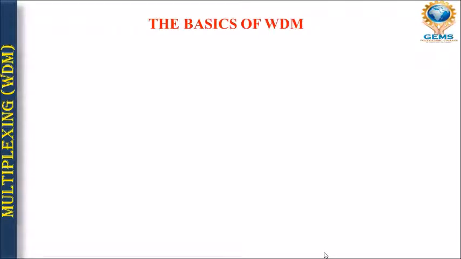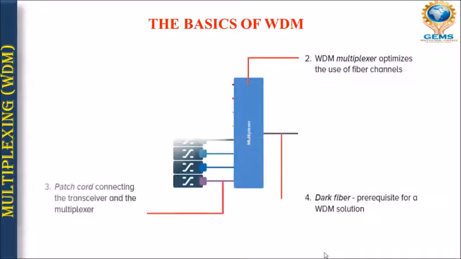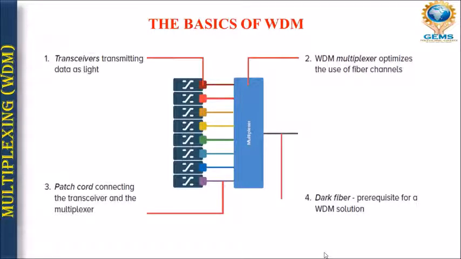This is a good example of WDM with the help of a diagram. Here, the transceiver transmits the data in the form of light. It goes this way and is multiplexed.